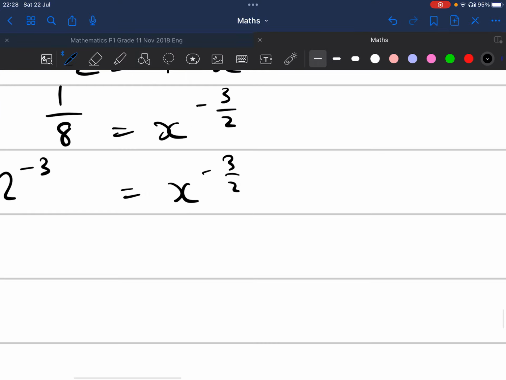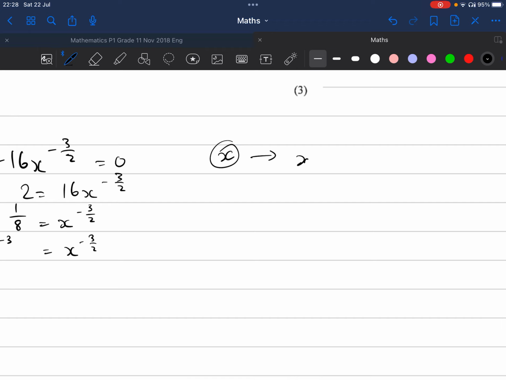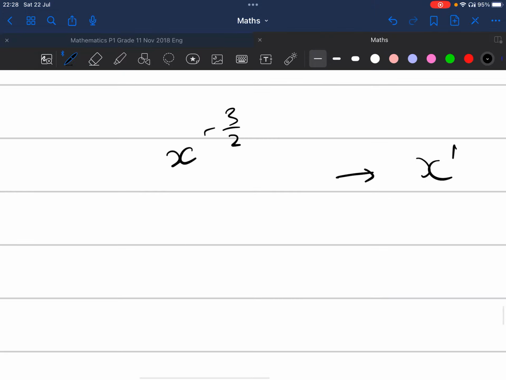Now let's talk about how to get rid of this ugly looking exponent. Remember I said the goal is to isolate x. And that's the same as x to the power of 1, right? Those two are the same thing. So how do I take x to the power minus 3 over 2 and convert that to x to the power of 1? Well, I do that by finding something to multiply this exponent by that will give me 1.